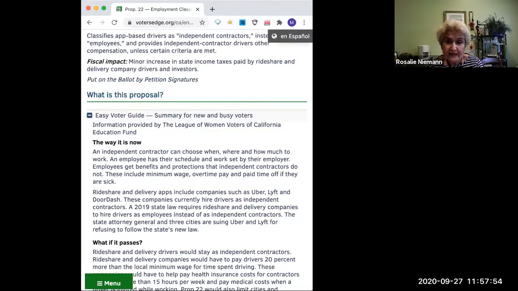In 2019, lawmakers passed AB 5, limiting the ability of companies to hire workers as independent contractors.